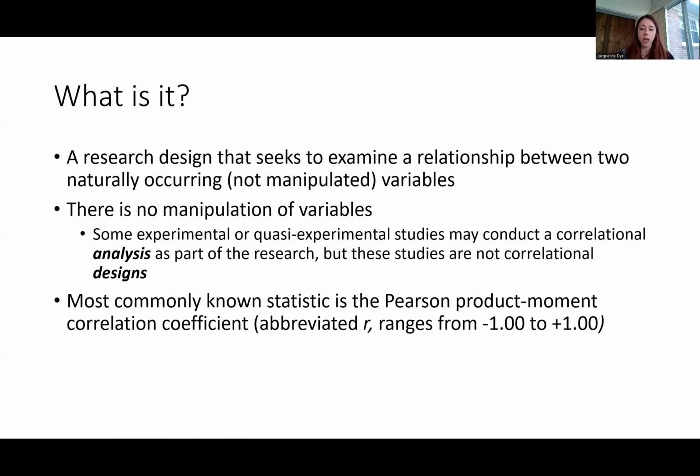I had to find other tests for the type of data that I had. But in general, you'll see the Pearson correlation coefficient, abbreviated as an italicized r. The range of that coefficient goes from -1 to +1, and we'll talk about what that means in a moment.